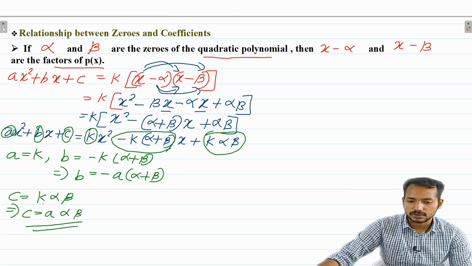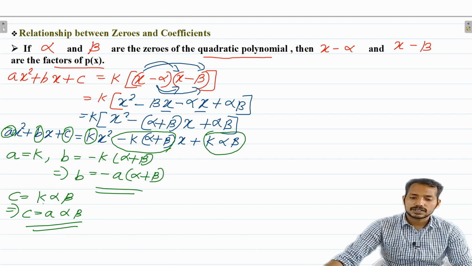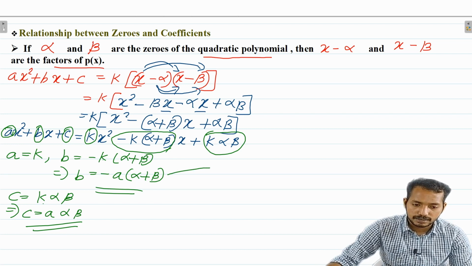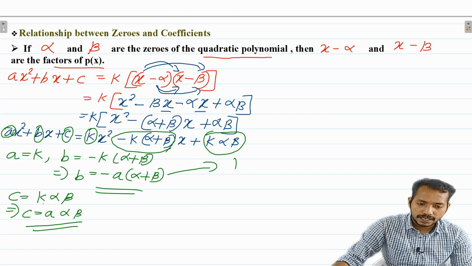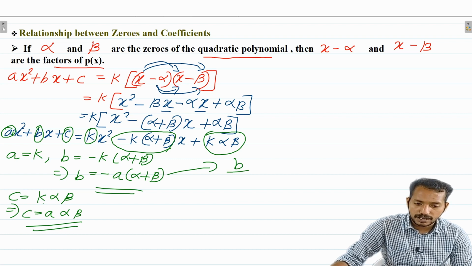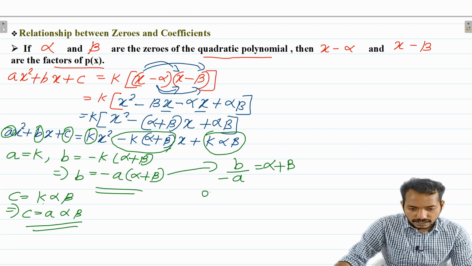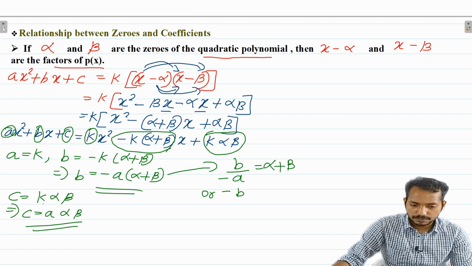This is what we have got. Taking this relation, we modify it again: B divided by minus A is equal to alpha plus beta. Or we can say minus B by A, the minus kicked to the numerator.